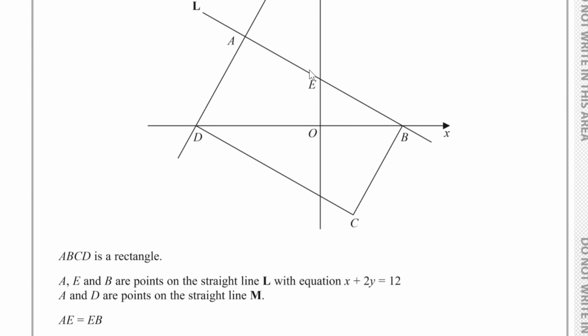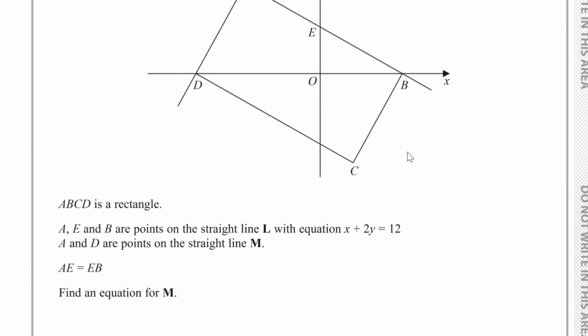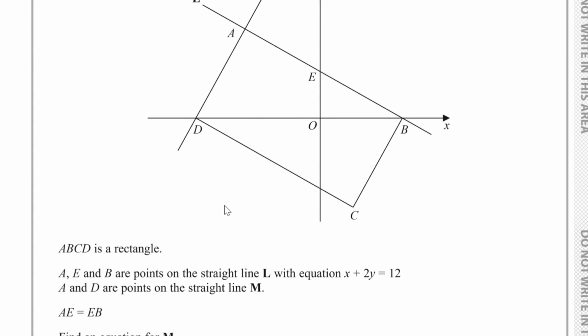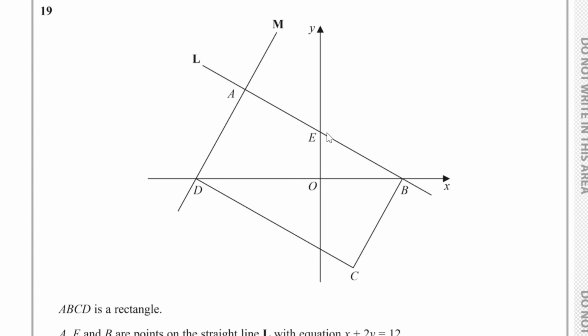So this means E is the midpoint of AB, and we have to find an equation for M. Well, if we consider line L, when x equals 0, we would have the corresponding y coordinate being 12 divided by 2, which is 6. So that means that the coordinates of E will be 0, 6.